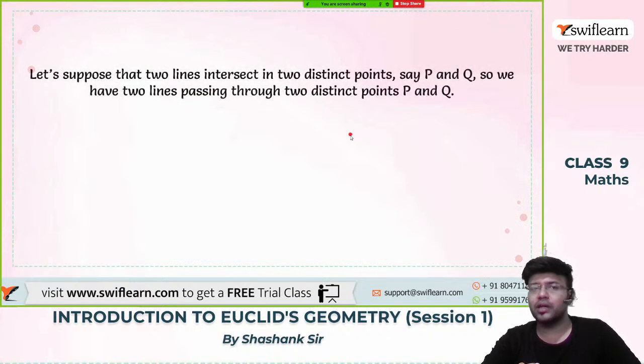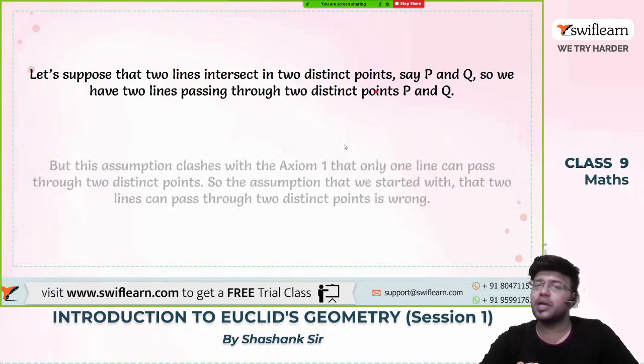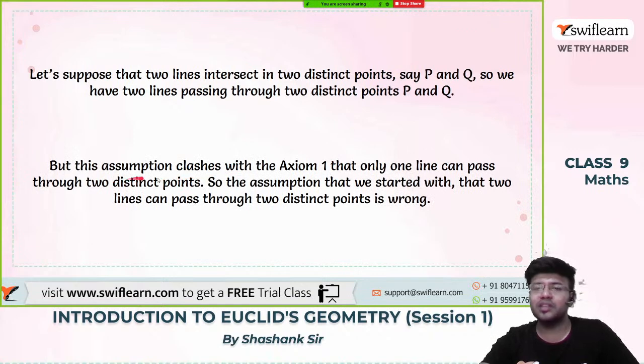कैसे prove करते हैं? Let us suppose that two lines intersect in two distinct points, say P and Q. So we have two lines passing through two distinct points P and Q. But this assumption clashes with the axiom 1. क्या है axiom 1?